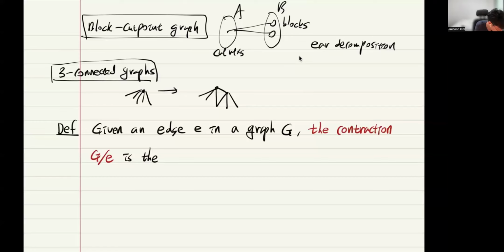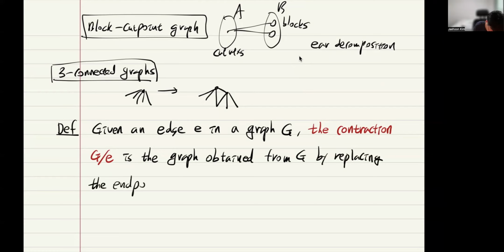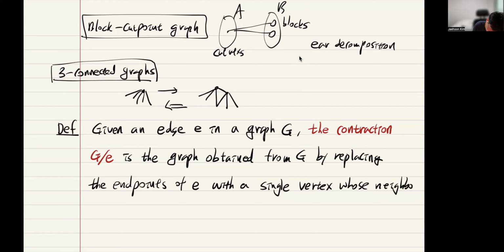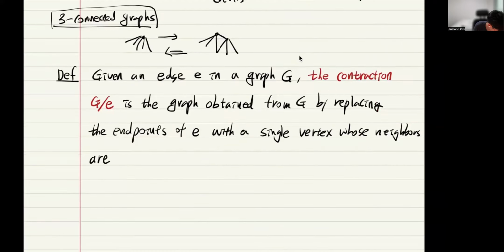This is the graph obtained from G by replacing the endpoints of e with a single vertex whose neighbors are their neighbors in G outside of e.